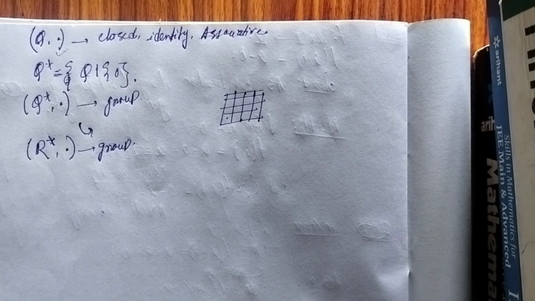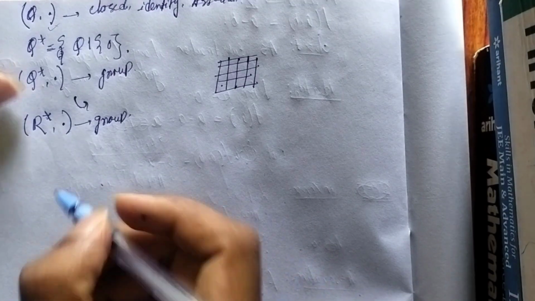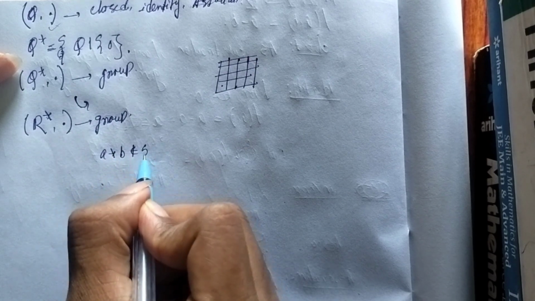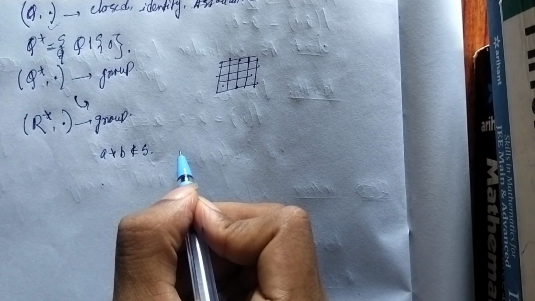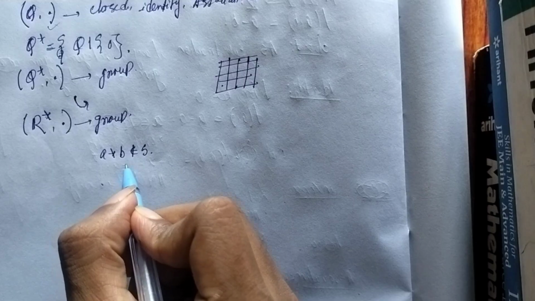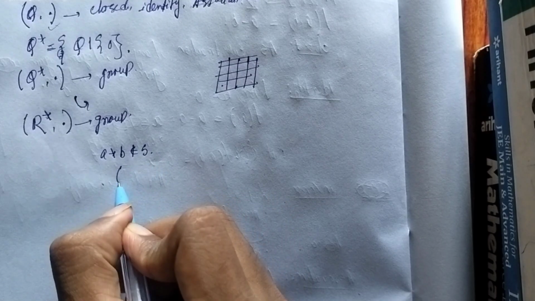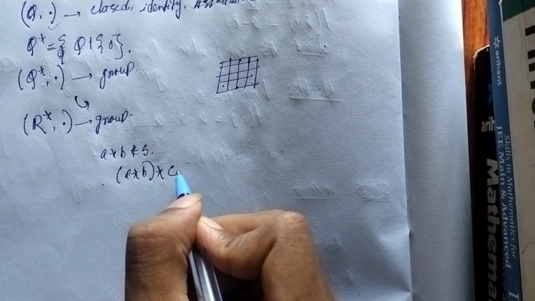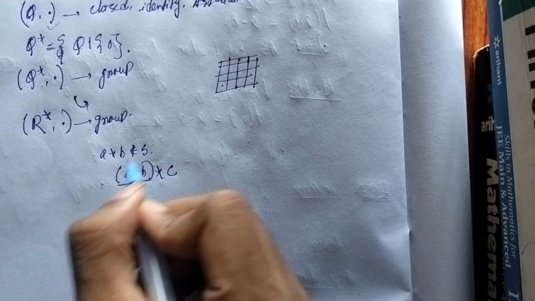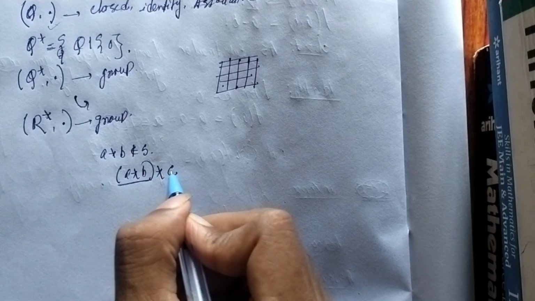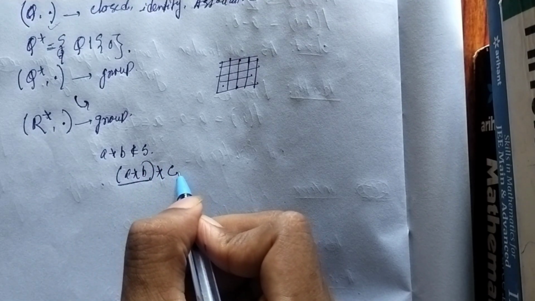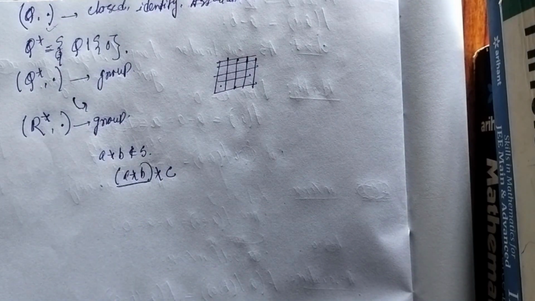For example, let's say A star B does not belong to S. Then, can you say that A star B star C is even meaningful? Because first of all we will operate A star B, and as this does not belong to S, how can we then perform the star C operation? So this is just meaningless.